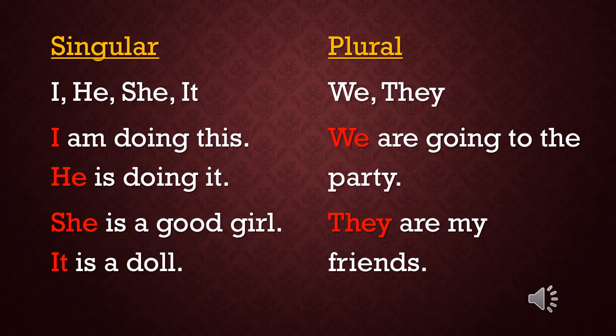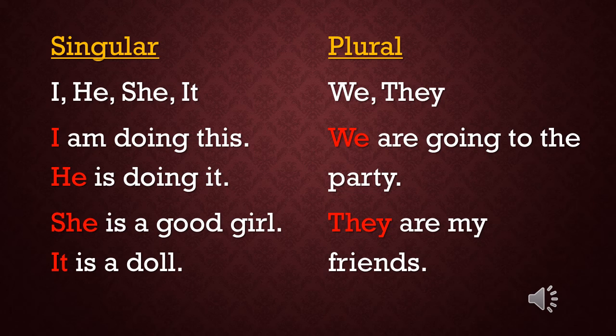Now, in singular form, the pronouns that we use are I, he, she, it. For example, I am doing this. He is doing it. She is a good girl. It is a doll.